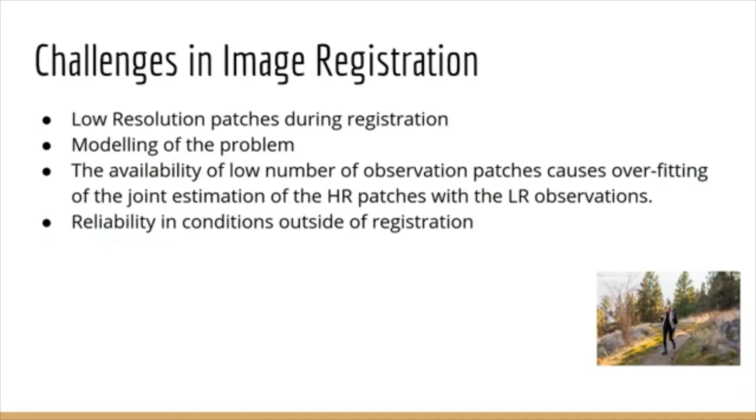And the next challenge is the modeling of the problem. Most researchers model the image registration and the estimation as an optimization problem. When you're modeling a problem as an optimization problem, you are placing a lot of constraints, and these constraints can cause overfitting at times.